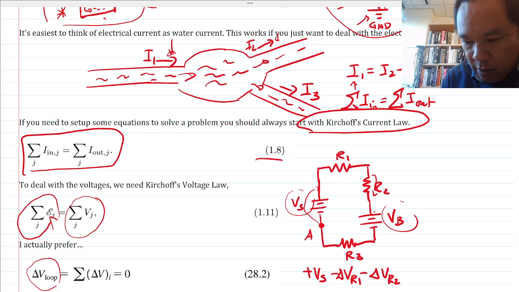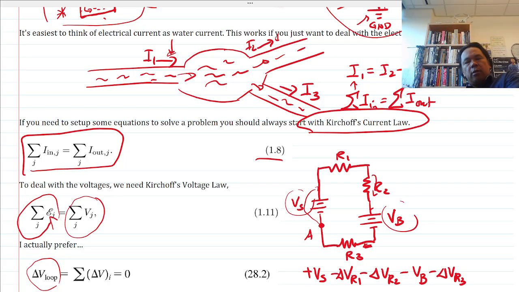And in this case, now I'm here at this point, before battery B. Since I'm going across this battery backward, in the wrong direction, I actually lose the voltage of battery B. And then now I'm down here. I'm going to travel across this resistor 3, and that's going to give me a drop in voltage across this resistor. And now I'm exactly at the same point.